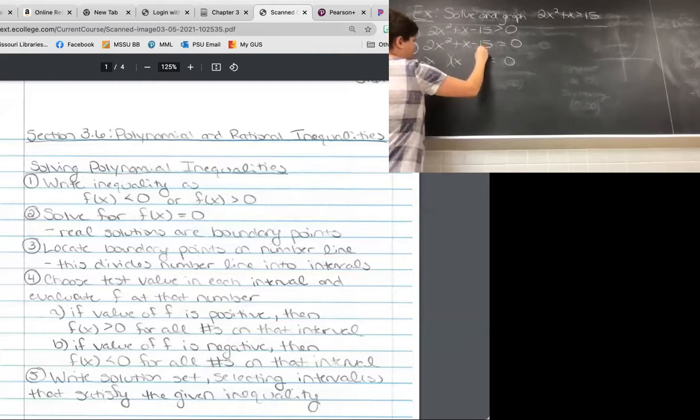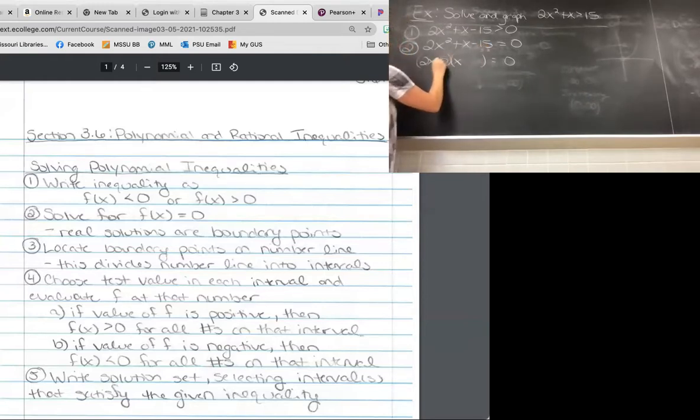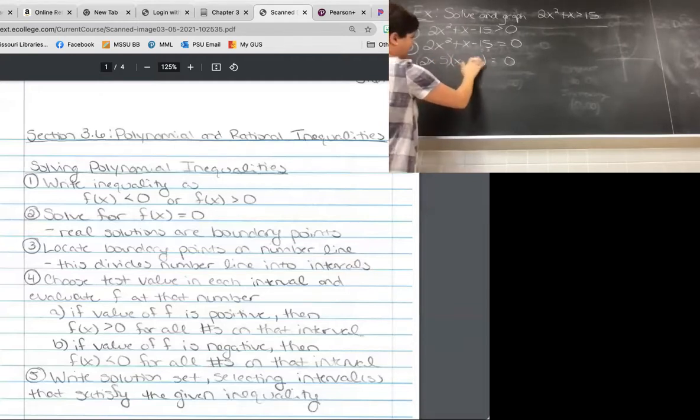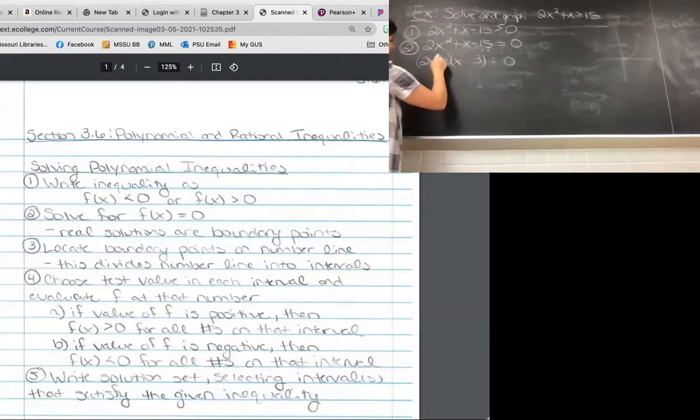Factors of 15 are 5 and 3. So if I put the 5 here with the 2 and I put the 3 here, then I'll get 6x minus 5x if I do it that way. Then I can solve for my binomials by setting them each equal to 0.